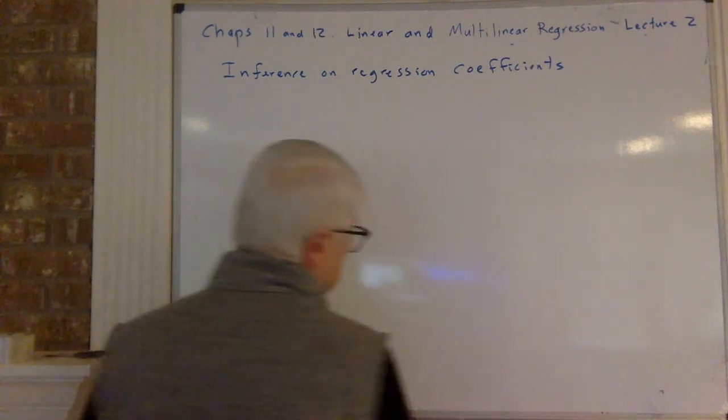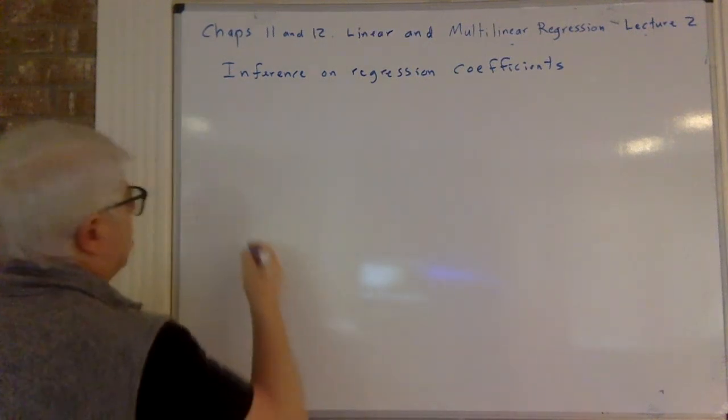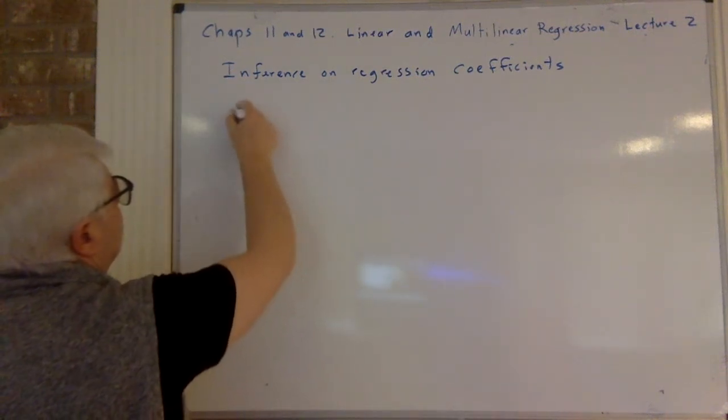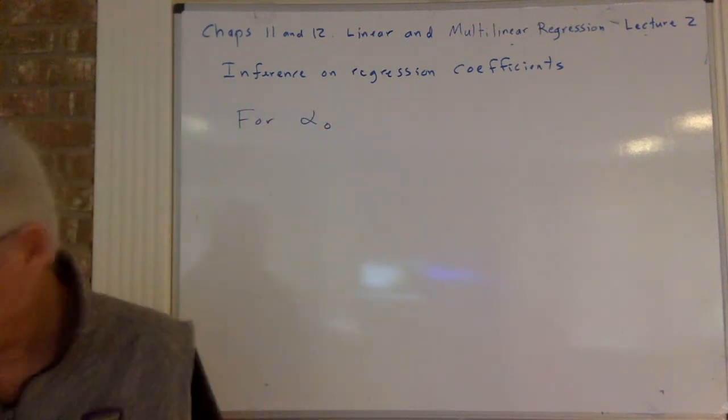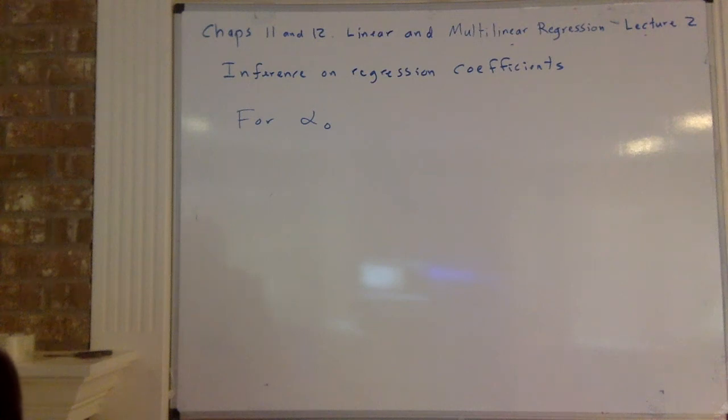For alpha 0 it is different, but I guess R also calculates for alpha 0. It is a little different.